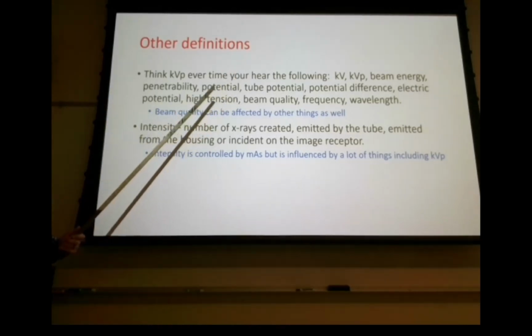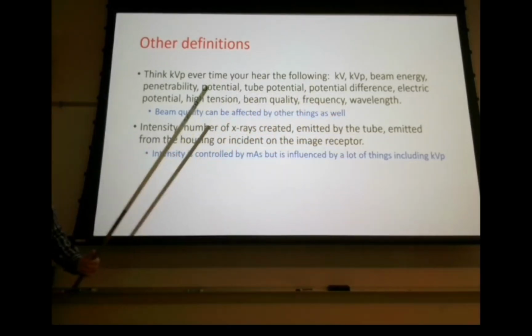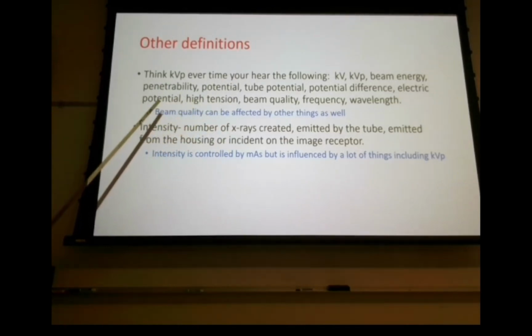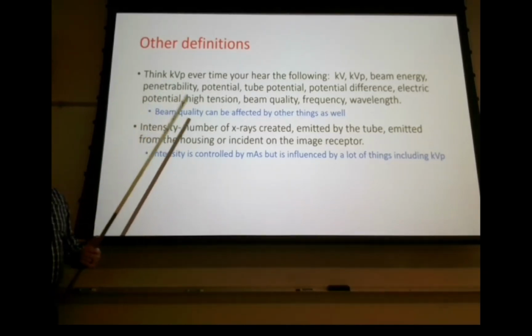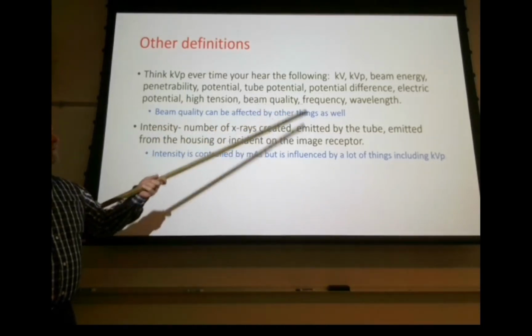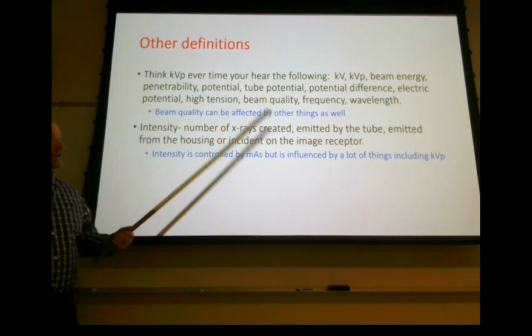Controls penetrability, potential difference, tube potential, electric potential, tension, electric tension. You'll sometimes see questions on tests refer to the high voltage transformer as a high tension transformer. It is what we use to control our beam quality. It's not the only thing that controls beam quality, but it is one of the things.